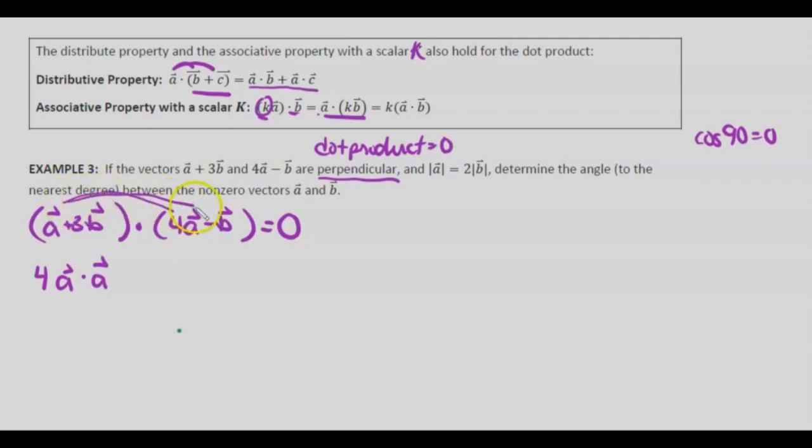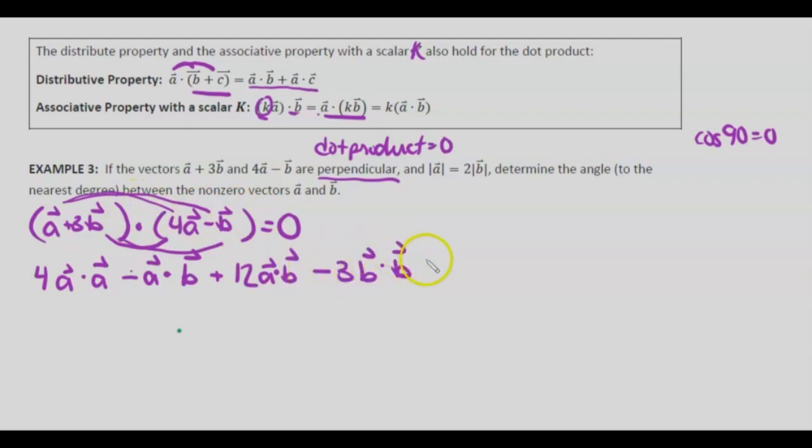Then vector A dot negative vector B is minus vector A dot vector B, with the negative 1 pulled to the front like a coefficient. Plus 3 vector B dot 4 vector A is 12 vector A dot vector B. And then 3 vector B dot negative vector B gives negative 3 vector B dot vector B. And this equals 0.